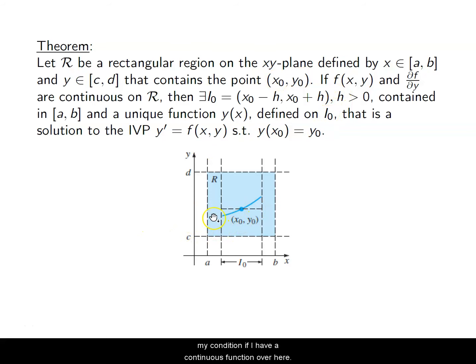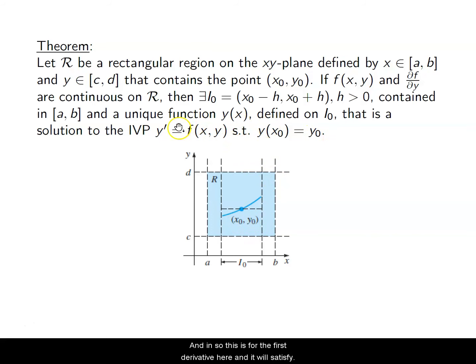If I have a continuous function over this region, and its first derivative with respect to y is also continuous over this region, then within this neighborhood of the point that I'm interested in, I will have a unique solution, okay?